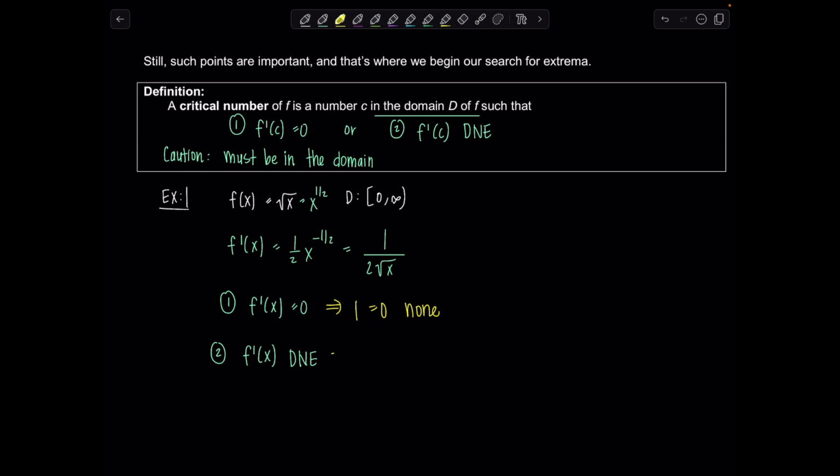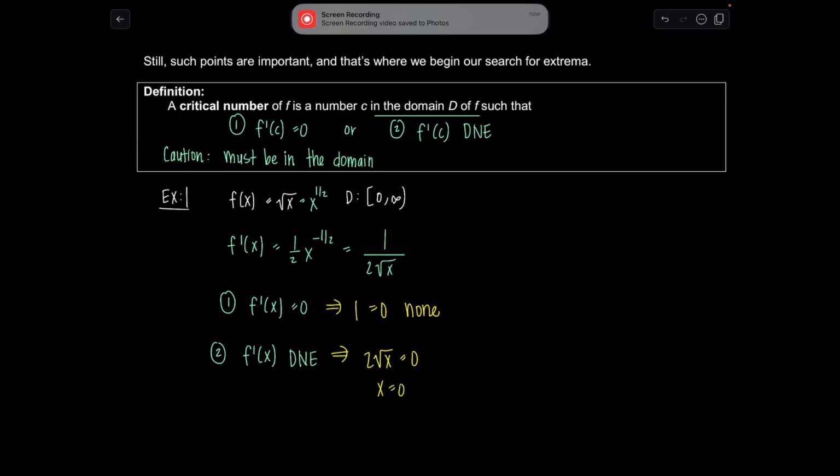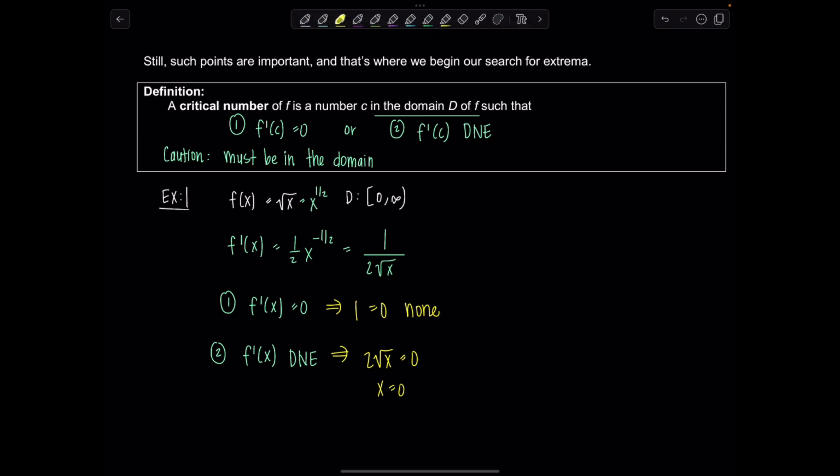And then the derivative doesn't exist, that would mean the denominator, 2 rad x equals 0. That happens when x equals 0. Now, is x equals 0 part of the domain? Yes, my domain originally includes 0, goes up to positive infinity. So I can say that x equals 0 is a critical number.